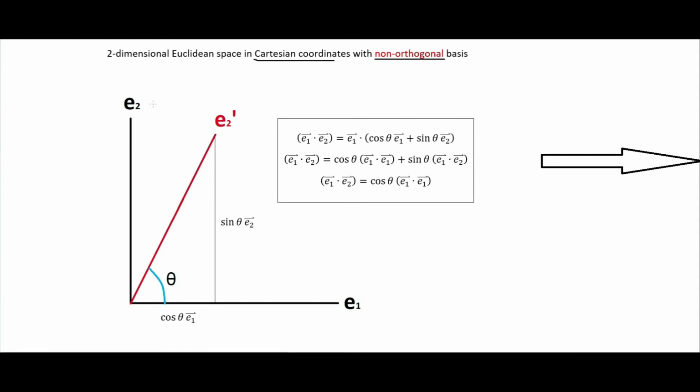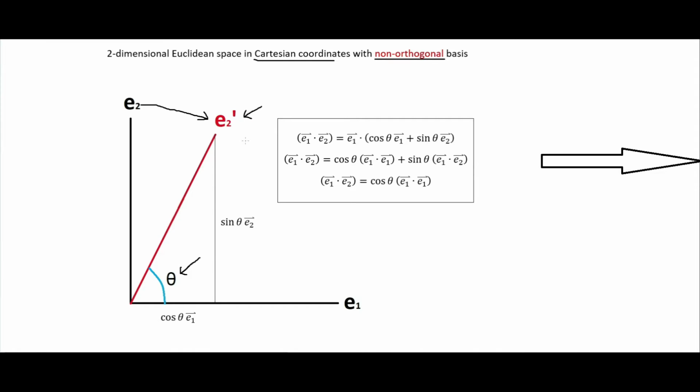And so we're essentially taking this E2 here and bending it down by some angle. And so we now have this angle here, theta, between our E2, which I put as E2 prime, and our E1. So those are our two basis vectors.